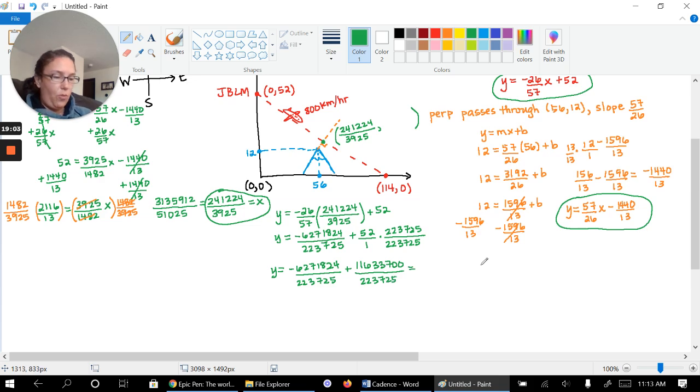Now we can add the two numerators straight across. So I will do that. And I get 5361876 all over 223725. So again, using my calculator, I'm just going to see if this fraction can be simplified.